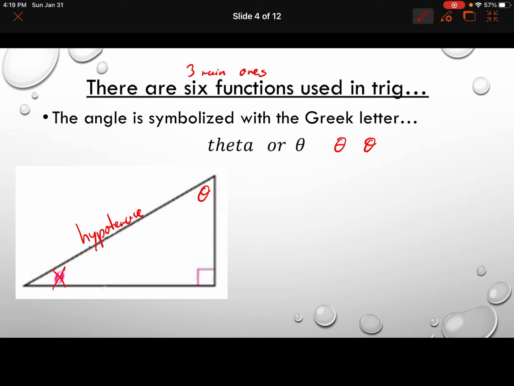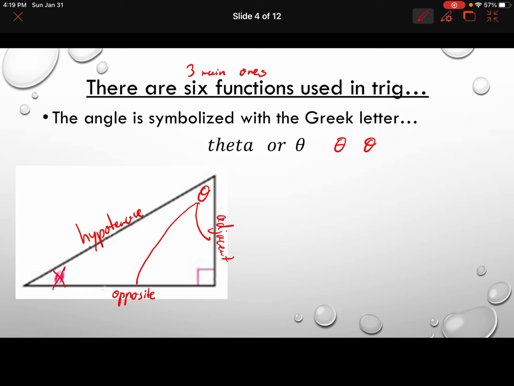Well, in this case, our opposite and adjacent sides actually switch places. Our opposite side ends up being over here, because that's the other side of where the angle is. And then the adjacent side ends up being over here, because that is the side right next to the angle. So you'll see the opposite and adjacent side switch places.